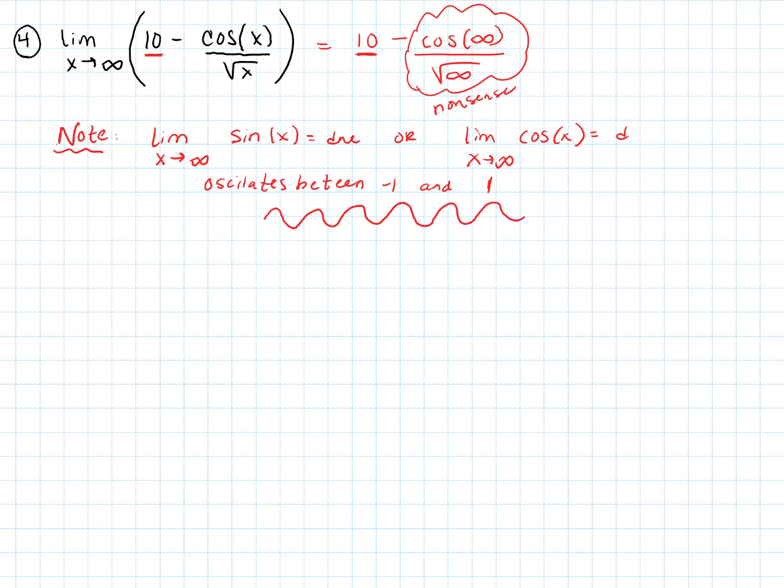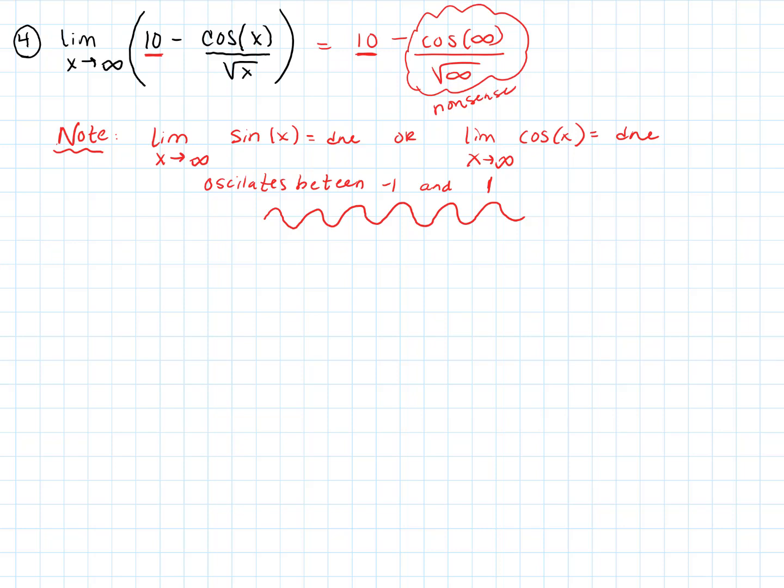Well, the same exact thing happens for the cosine. Those two limits as we grow without bound don't exist because we have oscillation. I've drawn the sine curve here, but shift the cosine curve over and you're looking at the same graph. So we do not have limits at infinity. They do not exist because of oscillation.